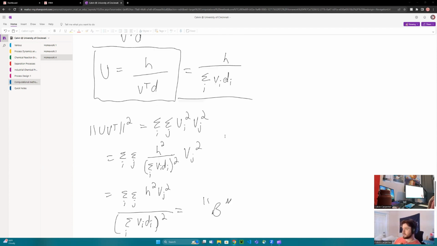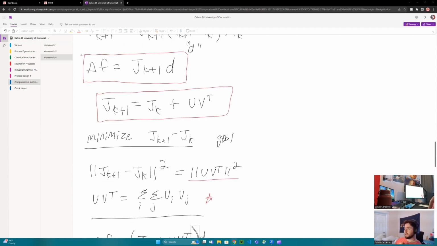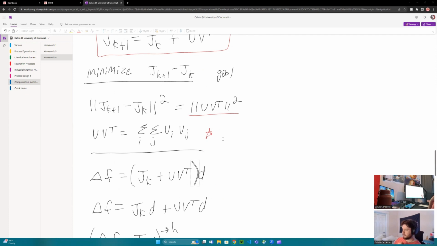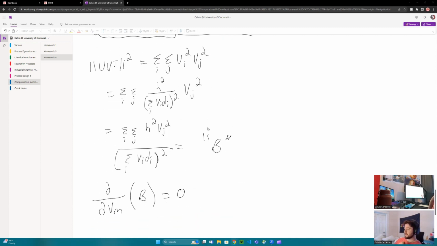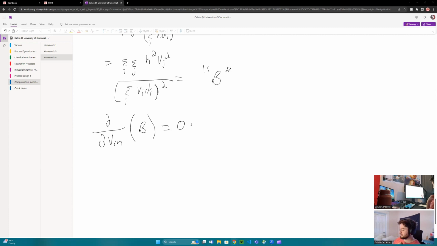Just because, oh, I'm sorry, I keep forgetting that I'm on the iPad. So we're trying to minimize JK plus 1 minus JK. Taking this derivative and setting it equal to 0 will help us minimize that, as we've said before.